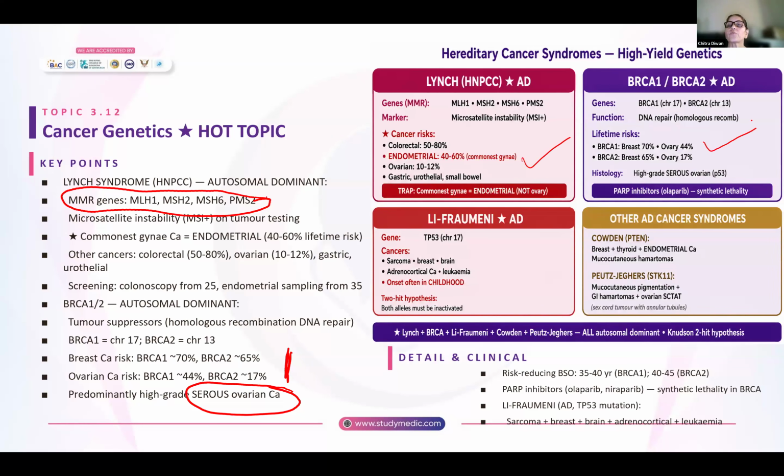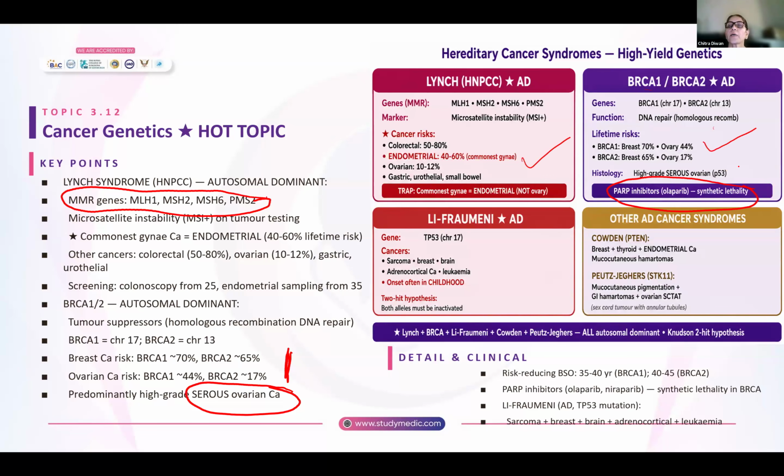The other thing that we have to remember is that for ovarian cancers due to BRCA1 or BRCA2, PARP inhibitors have been found to be very effective for chemotherapy.